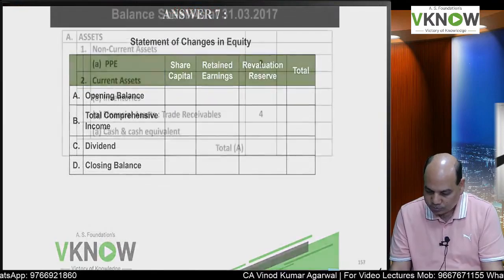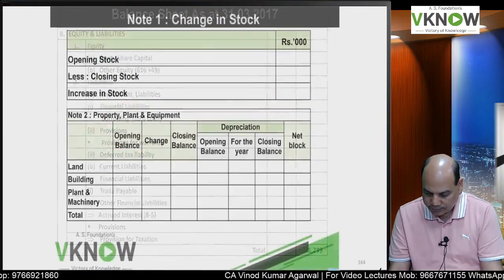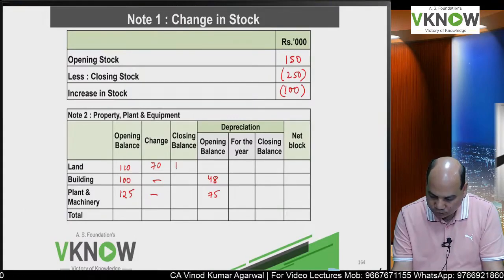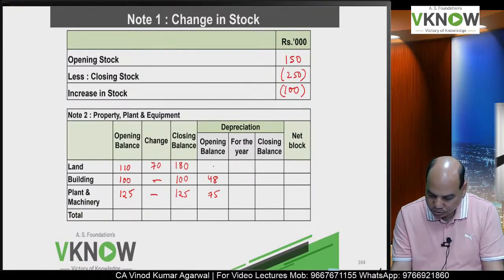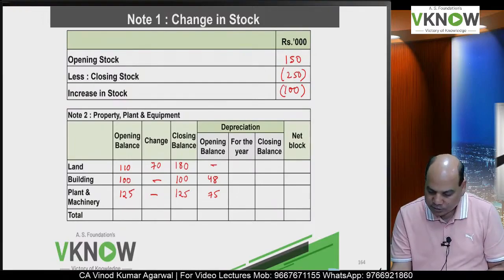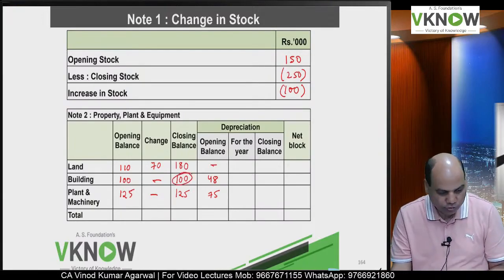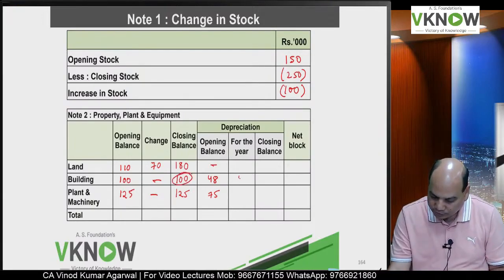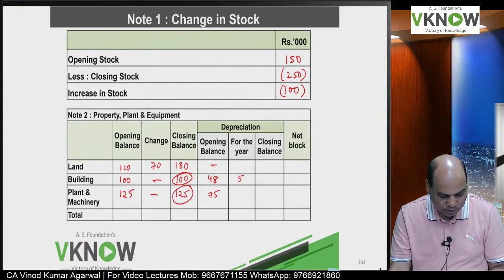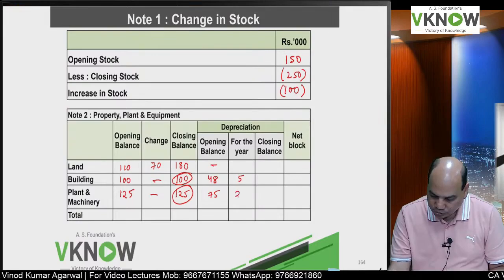Now we'll come to note number 2, which is pending. So we'll complete this note now. First you tell me the total of the closing balance here: 180, 100, 125, and then depreciation on building 5% of the cost. So 5% of 100 is 5, and 20% of plant and machinery cost 125, 25.